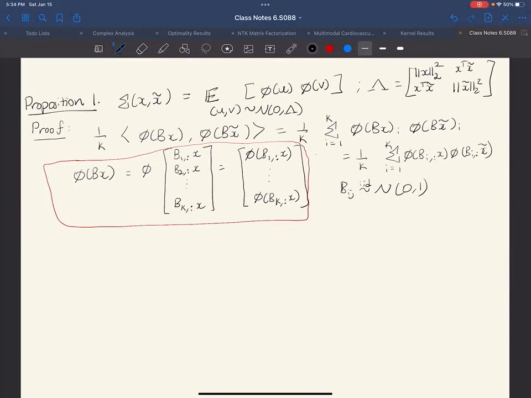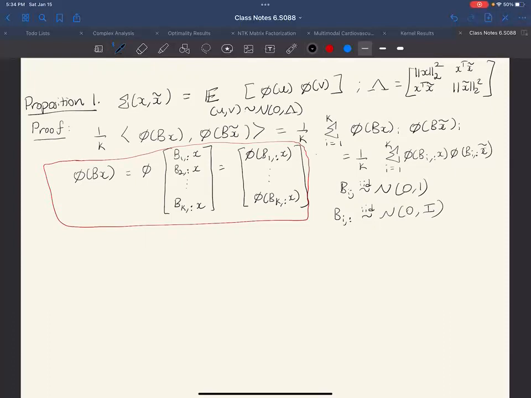And what does this mean? Well, it means that the b_i's are IID. This is the ith row of b. The mean is a giant vector of zeros, and the covariance matrix is just the identity. It should just be the d by d identity.